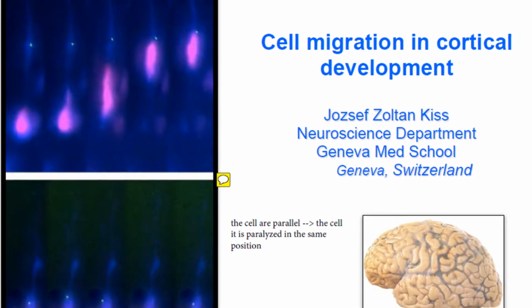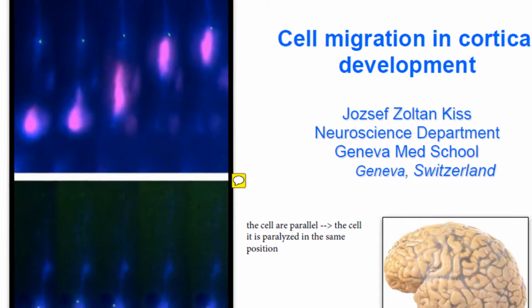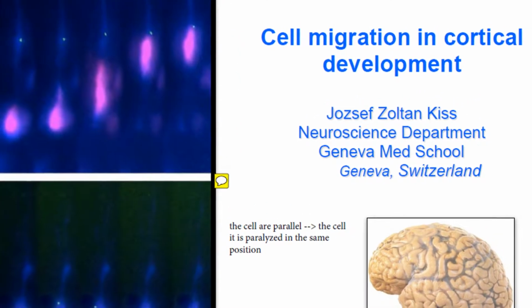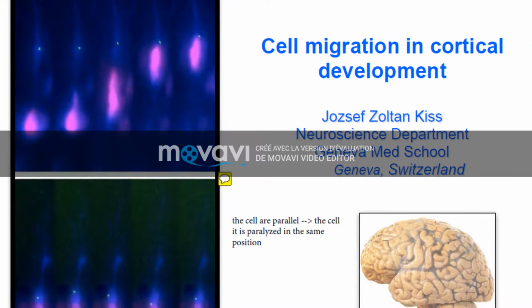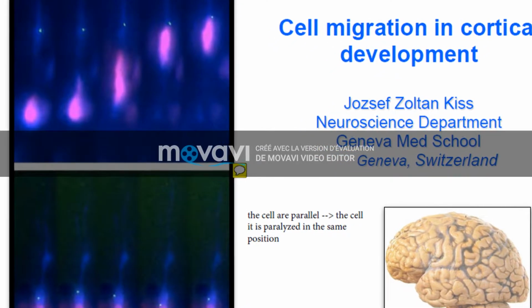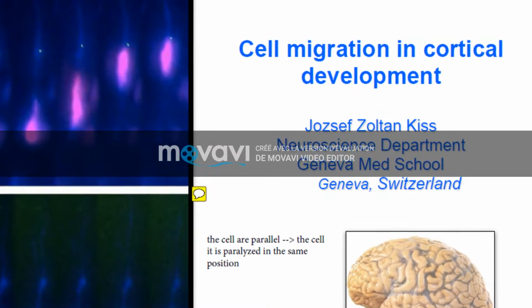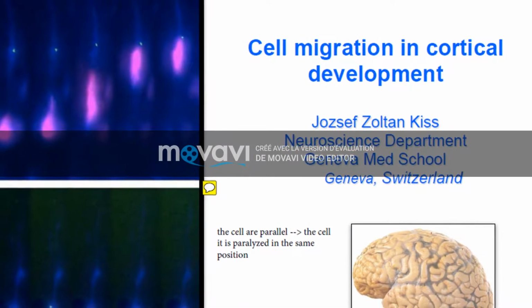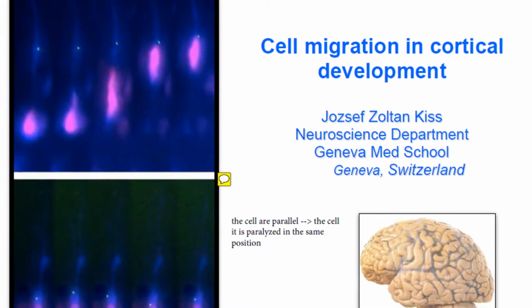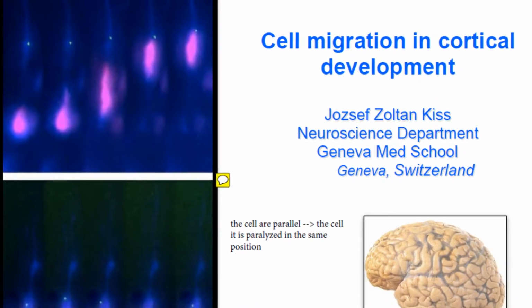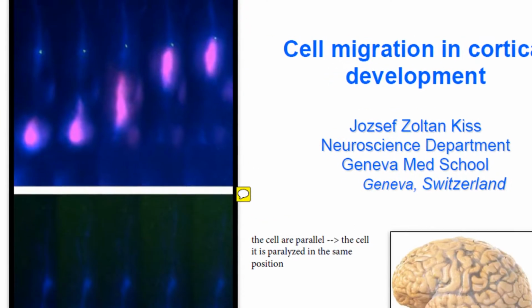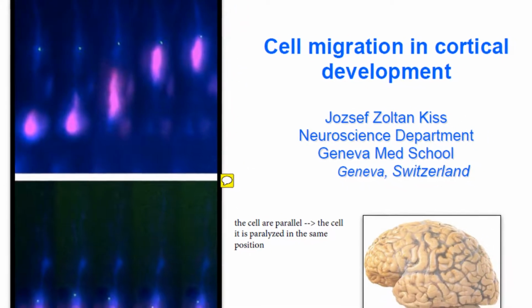2 events will precede the migration. One is the establishment of these crazy simple cells, as I told you, the grandmother cells, radial glia. It's a scaffold, and at the same time it's a stem cell. So this scaffolding cell will establish a stretch between the ventricular zone down here and the surface of the cortex, where the future cortex will be.